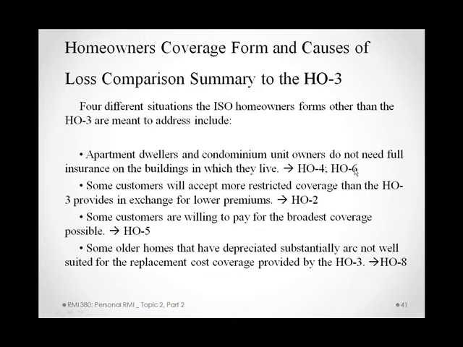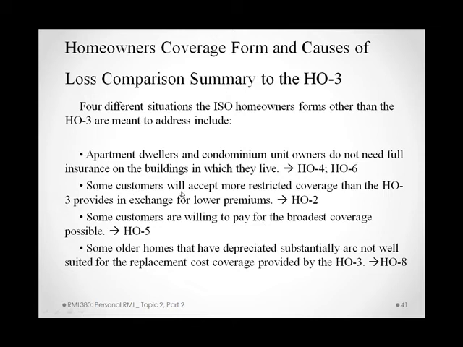On the other hand, if you don't want to have that broad coverage, which gives you open peril coverage for the house and other structures, you could have it covered under HO2, which is the broad form. The HO3 is the special form.